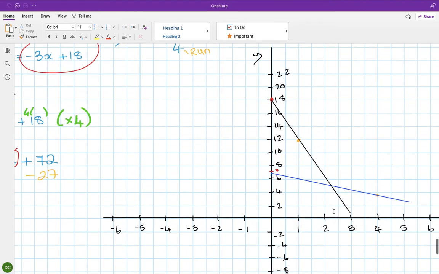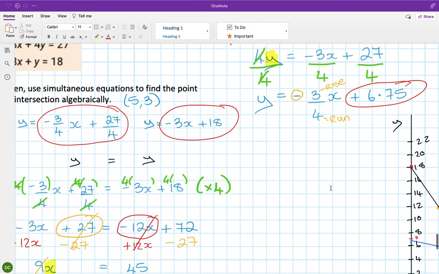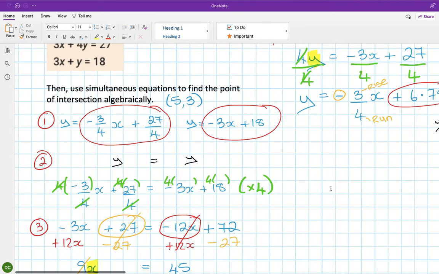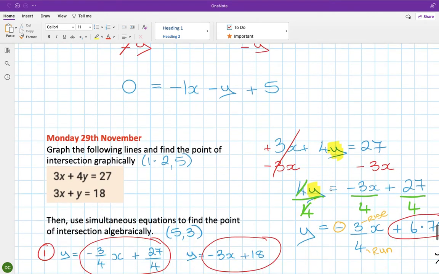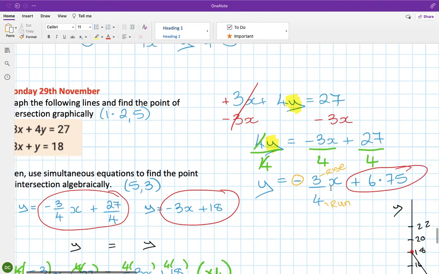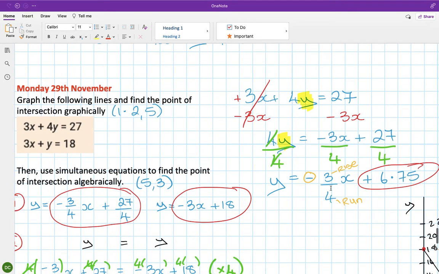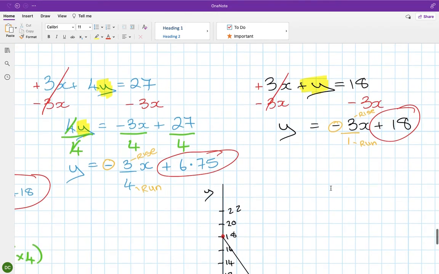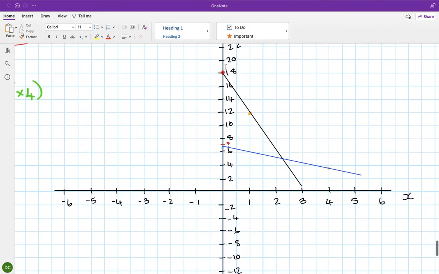Like that is about 2.25. -3x plus 18 is right. So -3x, we run 1. Oh my god. What's wrong with me? Having a bad morning.